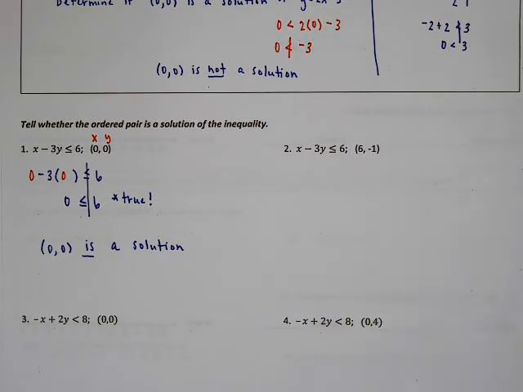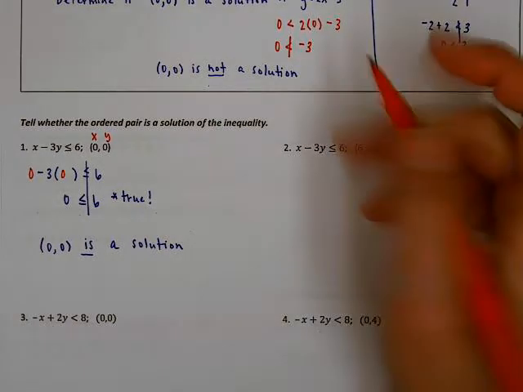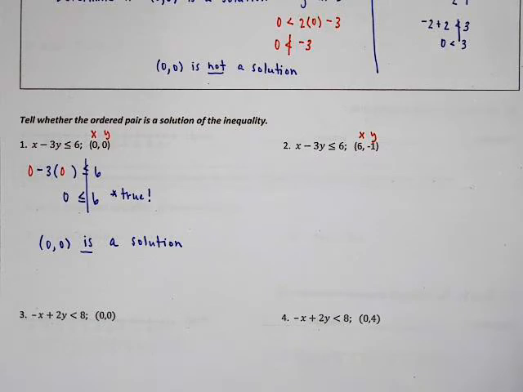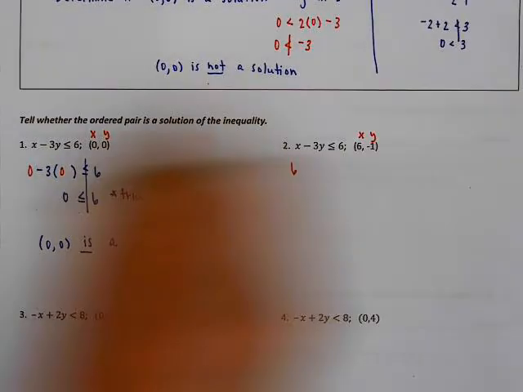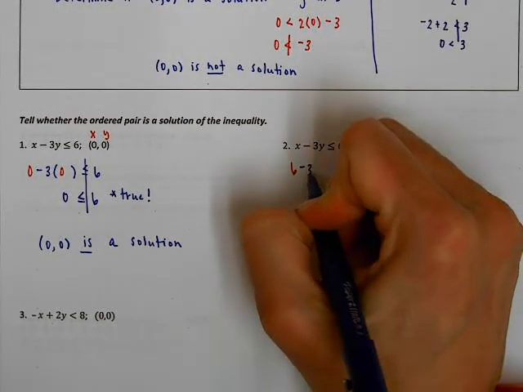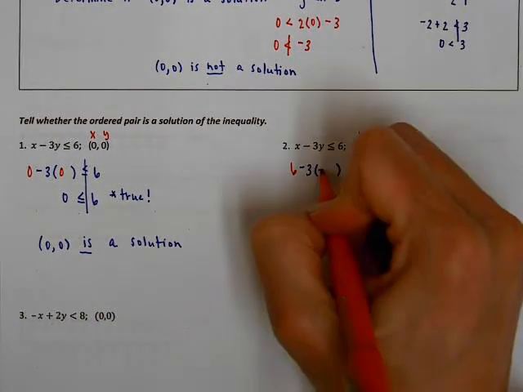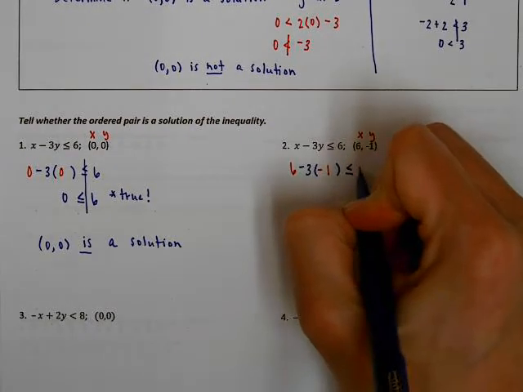Let's try number 2. It's the same inequality, but a different ordered pair. The idea is still the same. Here's my x and my y coordinate. For x, now I'm going to plug in a 6, then I have minus 3. For y, I plug in a negative 1, and then I'm checking if that's less than or equal to 6.